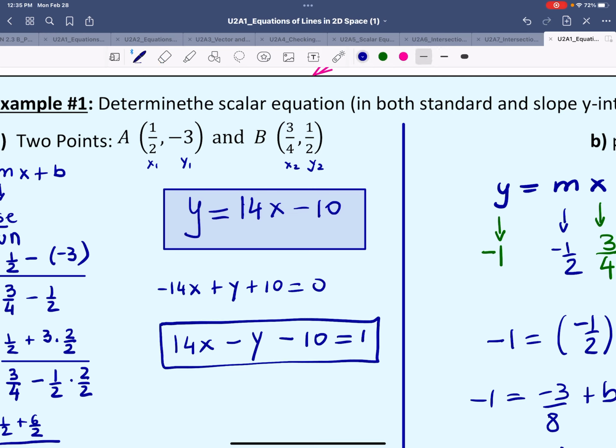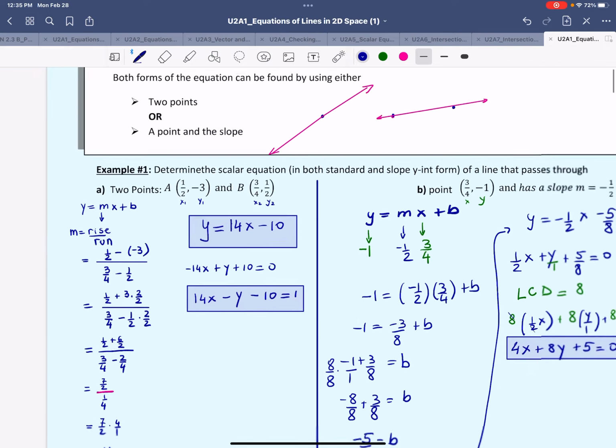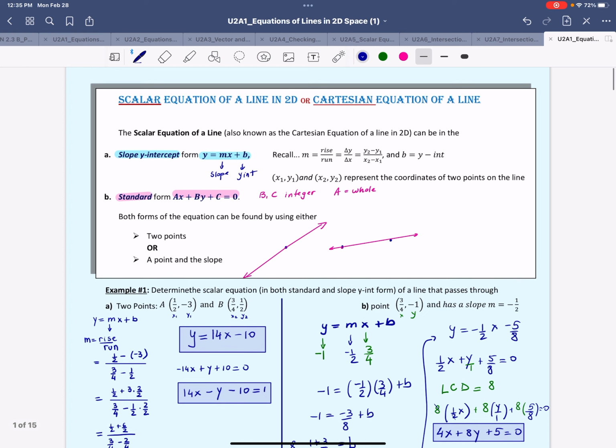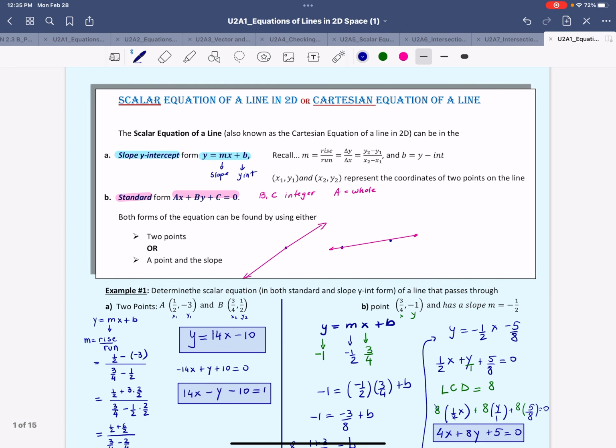So the equations that we just found here, both slope, y-intercept, and standard form, are what we call the scalar equation of a line, or the Cartesian equation of a line.